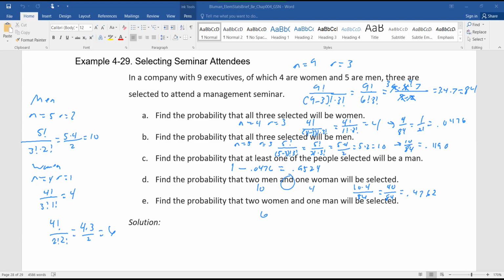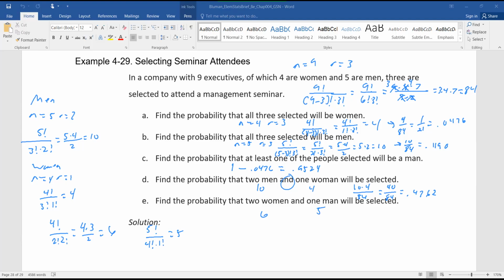Didn't I do 1 man already? No, I did do 1 man. Where's 1 man? Oh, but I don't need that number. I need the top number, so I'll just have to do the math. Man is 5 factorial over 4 factorial, 1 factorial. So it's just 5. So the numbers weren't the same. I was curious though.